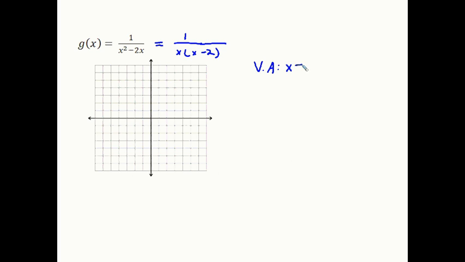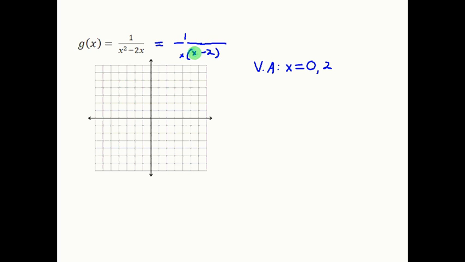Well, if x equals 0, the denominator equals 0, because if we put 0 in for x here, that would be 0 times negative 2, which is 0. Also, 2 would make the denominator 0, because if we put 2 in for x, that would be 2 minus 2 is 0, and 0 times 2 is 0.